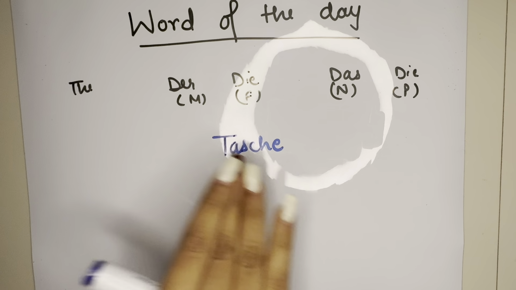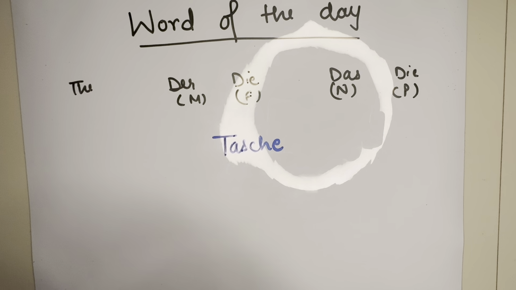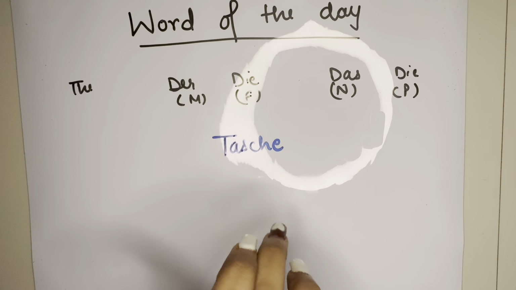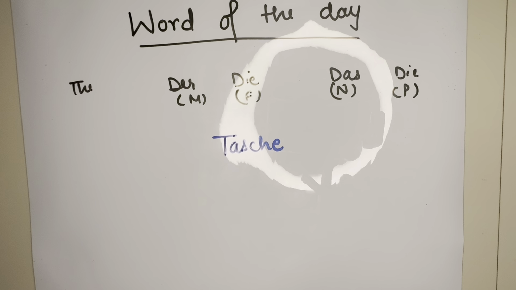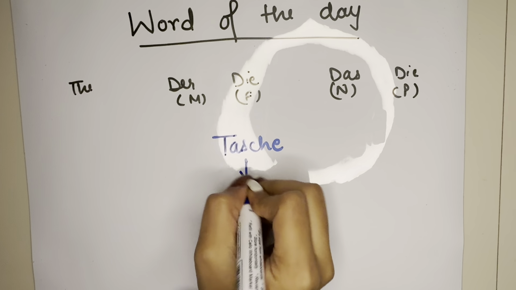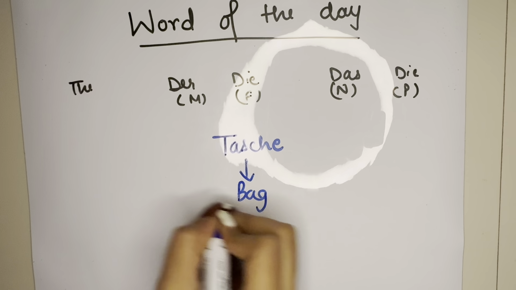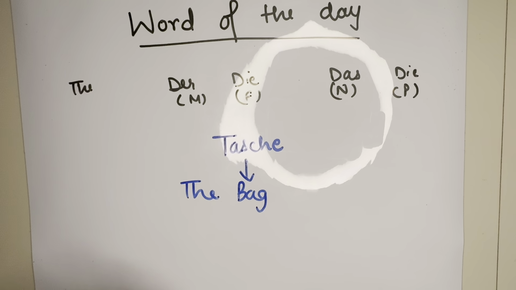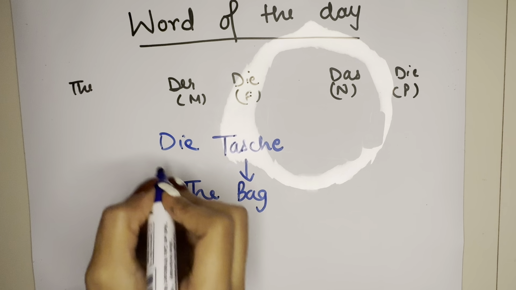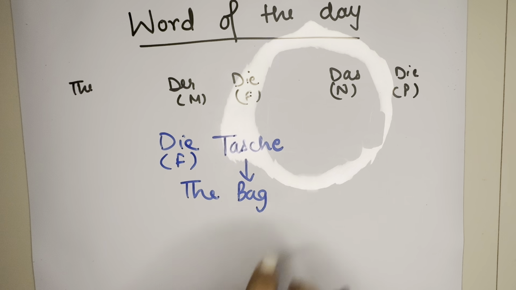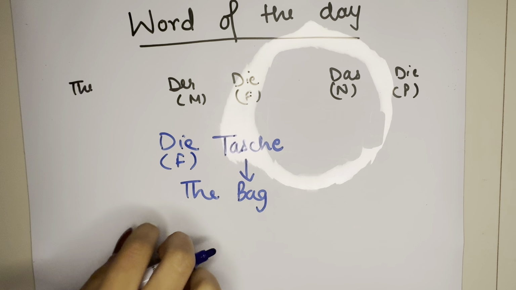So you must learn the article as well. The word of the day is Tasche. This word means bag, and the article for this word is die, and it is feminine. So die Tasche, the bag.